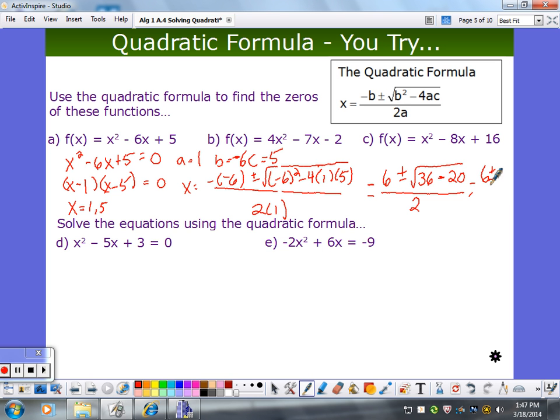Plus or minus the square root of 36 minus 20. 16, right? Well, what is the square root of 16? That's 4.